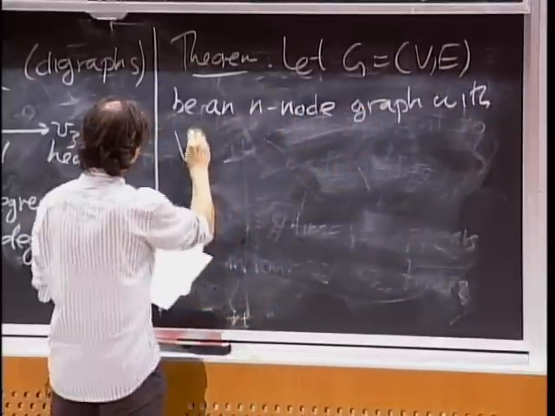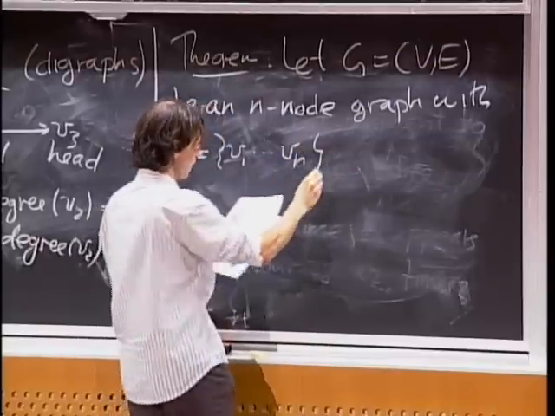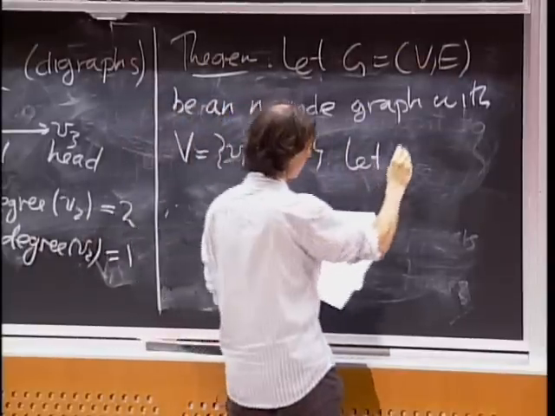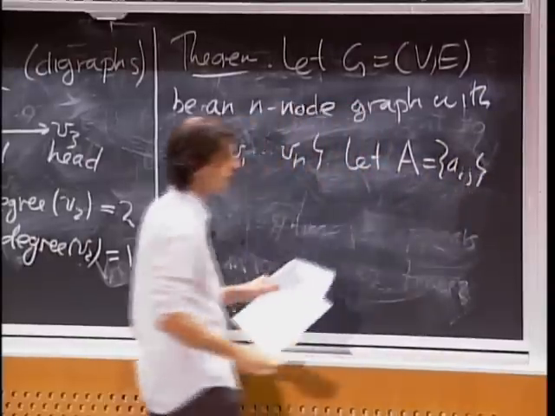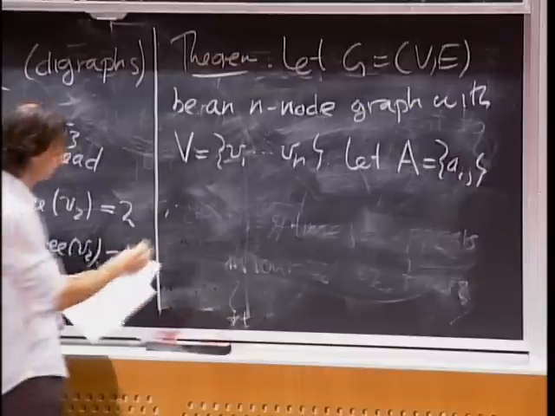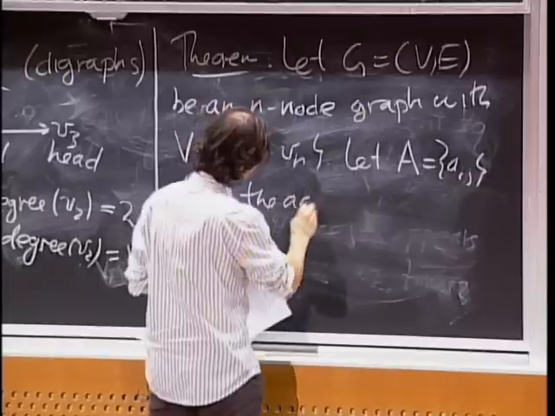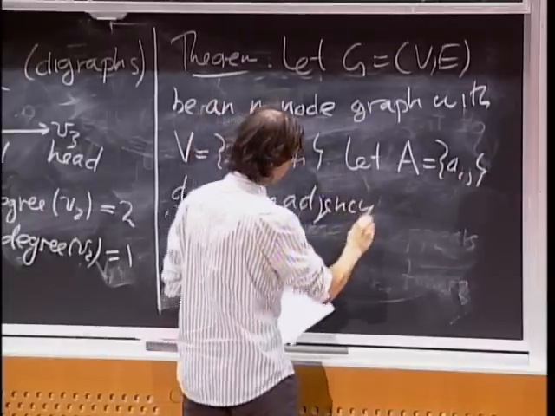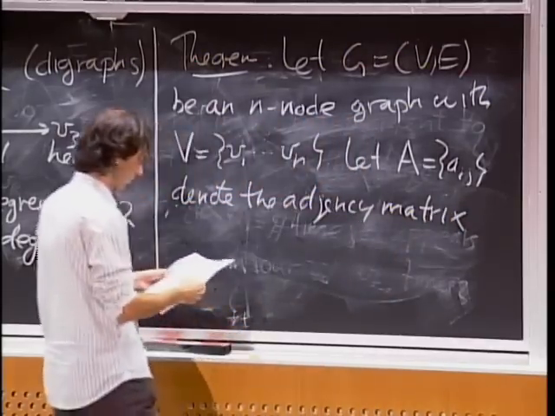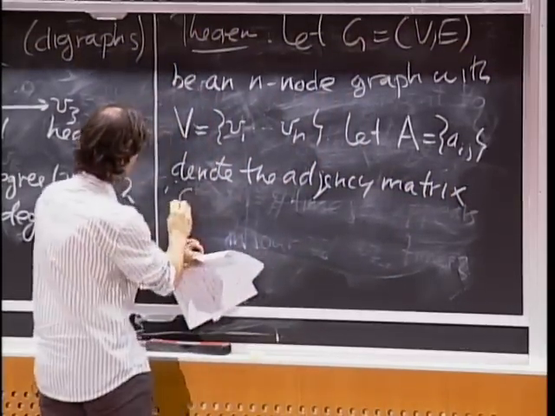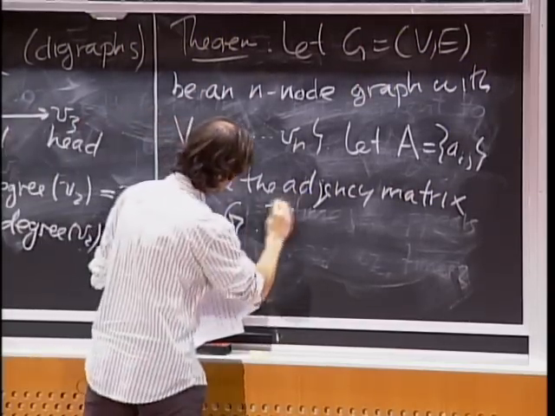And we have the vertices V1 up to Vn. And now we let the matrix that contains the entries Aij denote the adjacency matrix for G. And what does it mean?